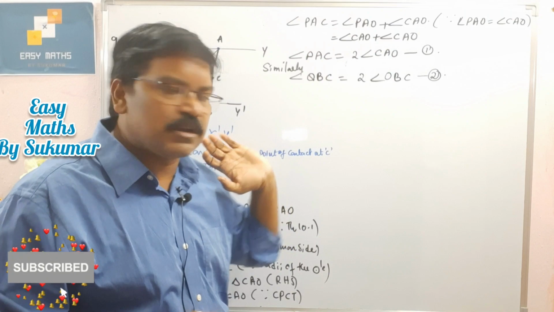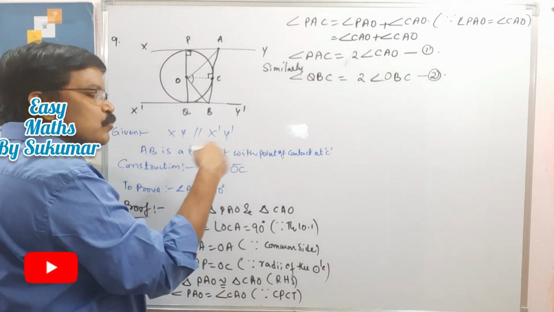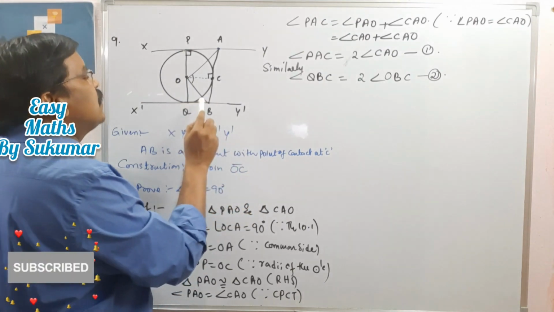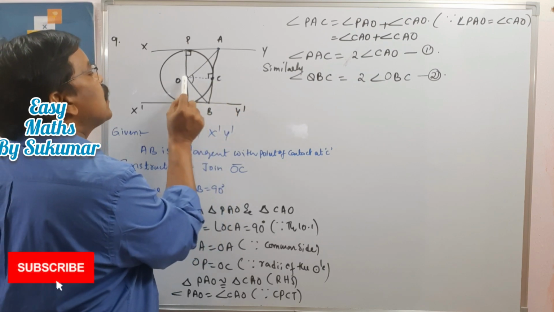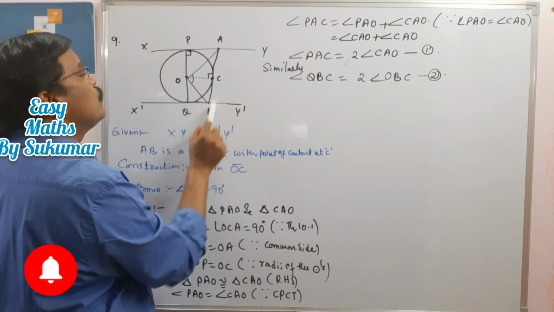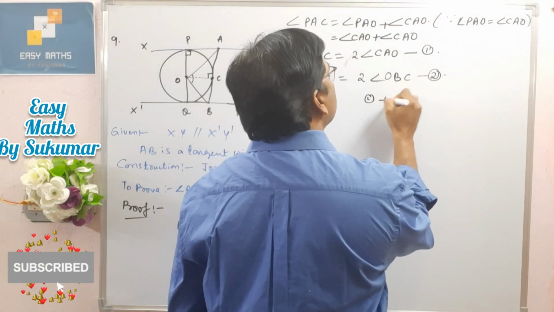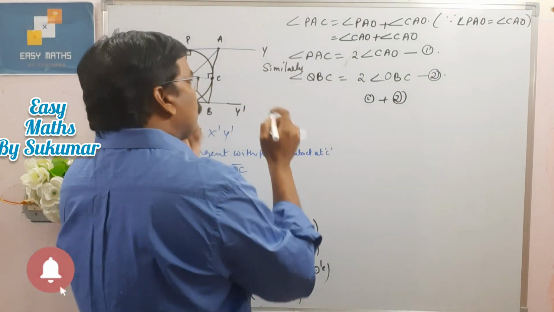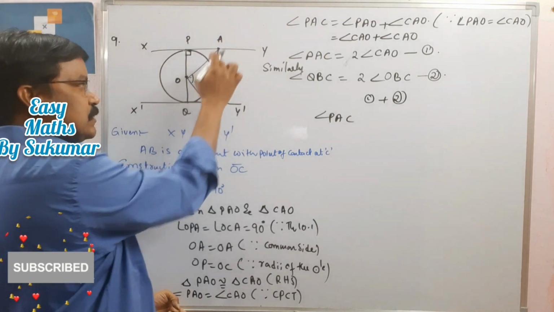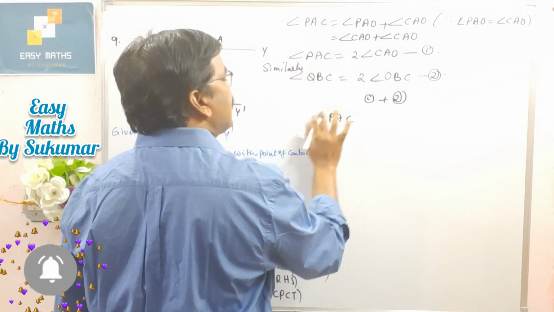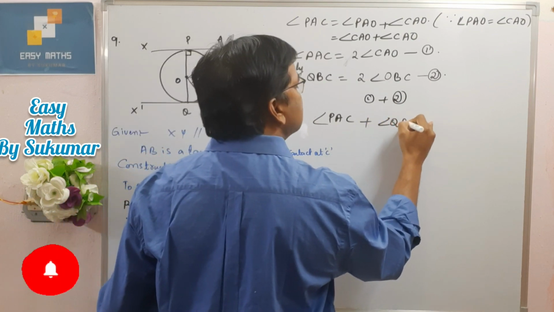This is equation 1. Similarly, my dear students, if you make these two triangles congruent and these corresponding angles are equal, then angle QBC is equal to 2 times angle OCB or angle OBC here. Now just by adding equation 1 and equation 2: equation 1 is angle PAC, and the left hand side of equation 2 is angle QBC.